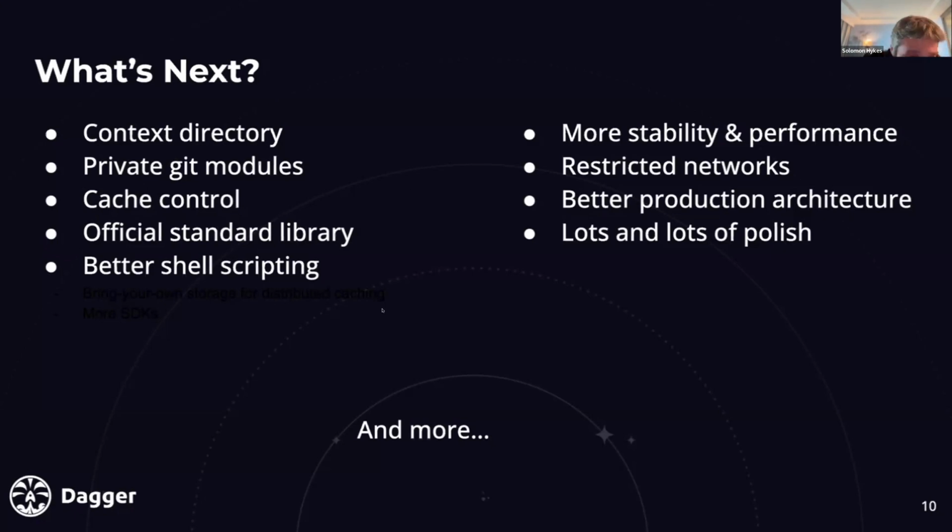And more SDKs. We actually have a bunch of SDKs that are pretty much feature complete or almost feature complete, but are not officially supported because they're not developed by the core Dagger team. They're developed by our awesome community. There's a Rust SDK, there's a PHP SDK, there's a Java and .NET SDK that are making a lot of progress.